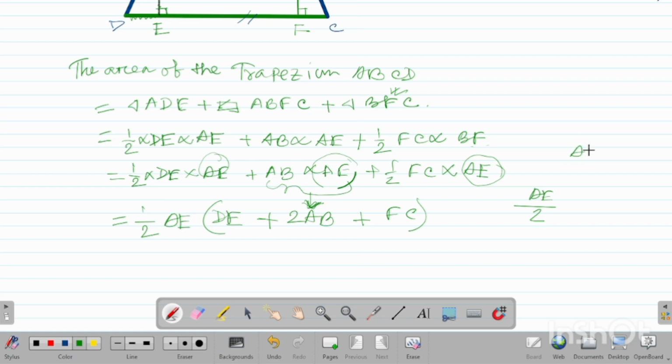If we divide AB into AE by half of AE, that means AE divided by 2, then we will get AB into AE multiplied by 2 by AE. Then AE and AE are eliminated. So 2AB is the term we get.